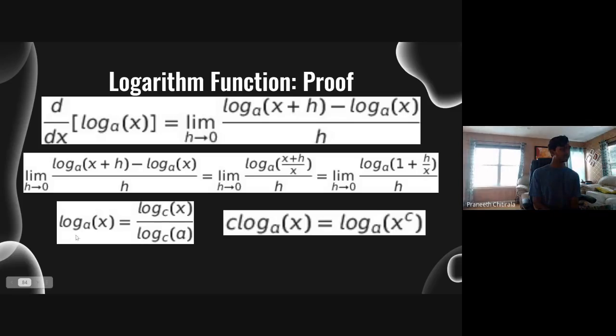Now let's go over some more facts. Using the change of base rule, log base a of x can be changed to log base c of x over log base c of a, given that c is any number that's not 0 or 1.